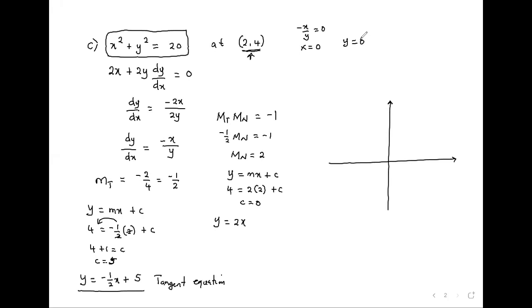But we understand that x squared plus y squared is equal to r squared is a circle centered at (0, 0) with radius r. So this is a circle with radius root 20. So this is negative root 20, negative root 20, positive root 20.